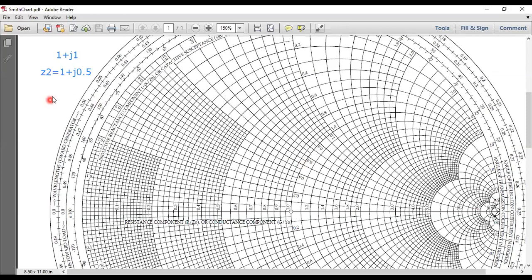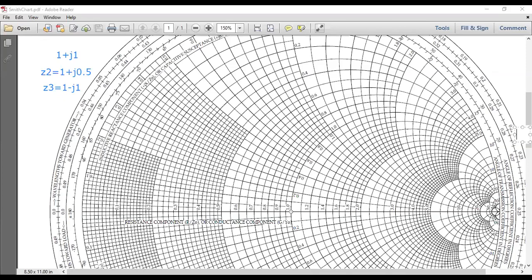Now if I say another impedance, I'll go for Z3. So Z3 equals, again I'll take 1 for the understanding. Now I'll take minus. Now it will be the capacitive reactance. j, again I'll take minus 1. Okay. So Z3 is 1 minus j1.